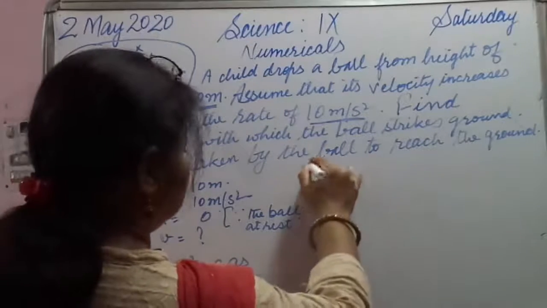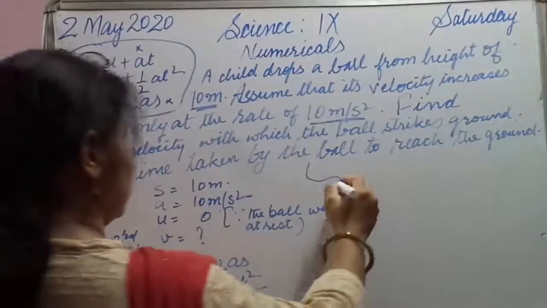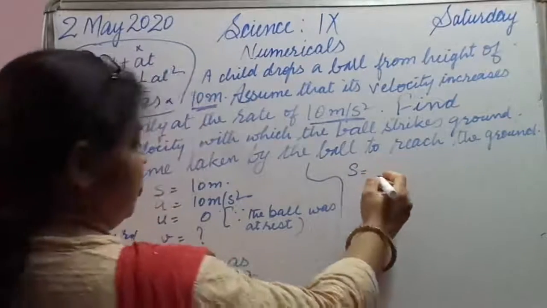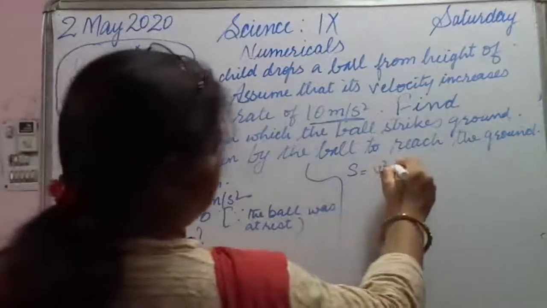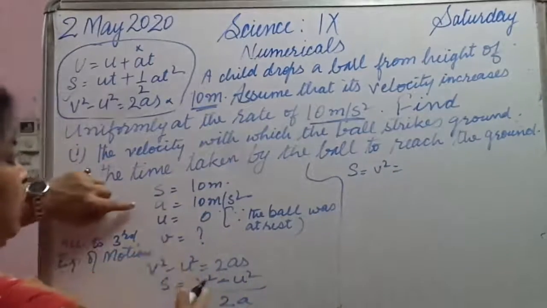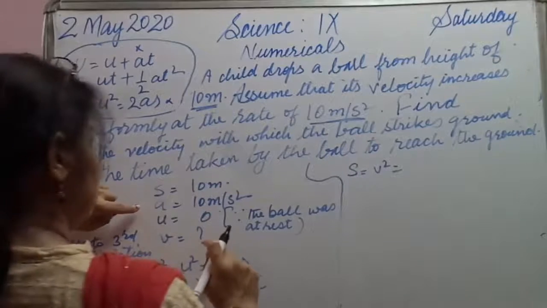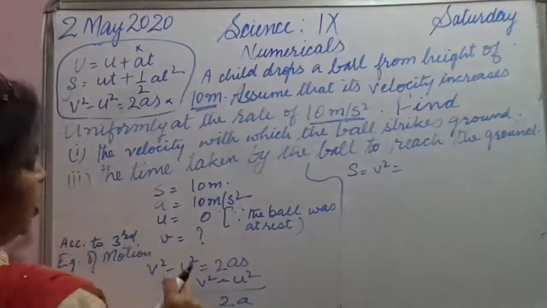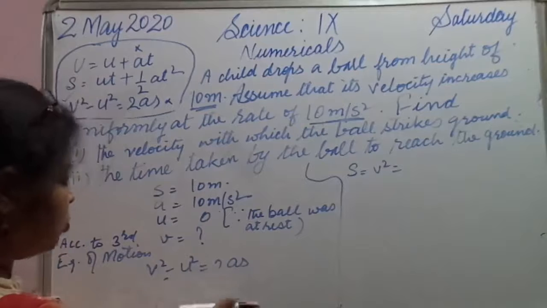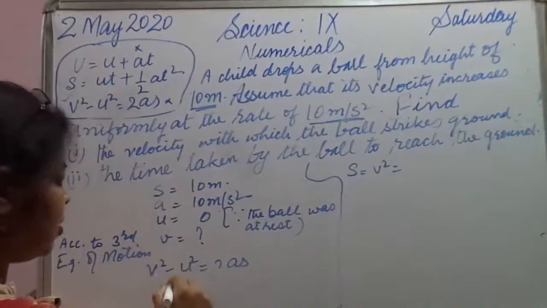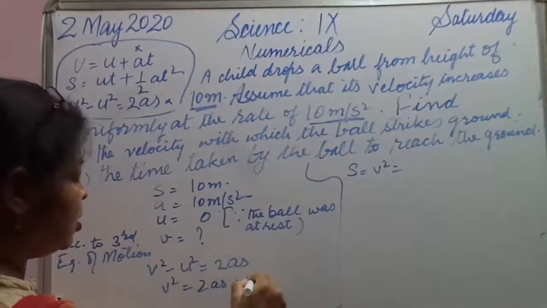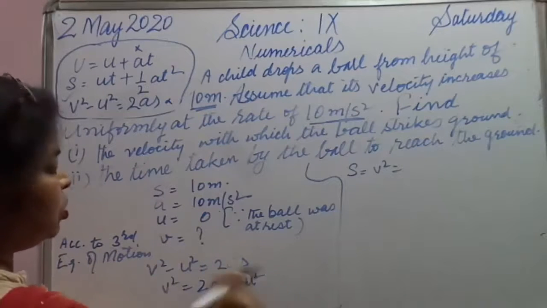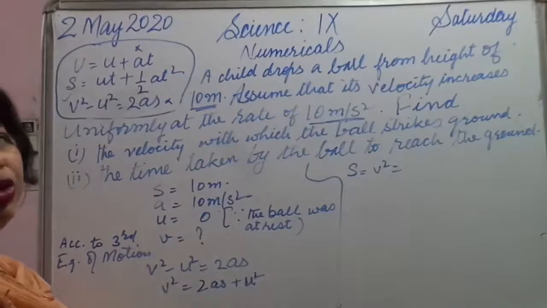Okay. Let us do it here. Not this. V square is equal to 2AS plus U square. This is how we are going to do it.